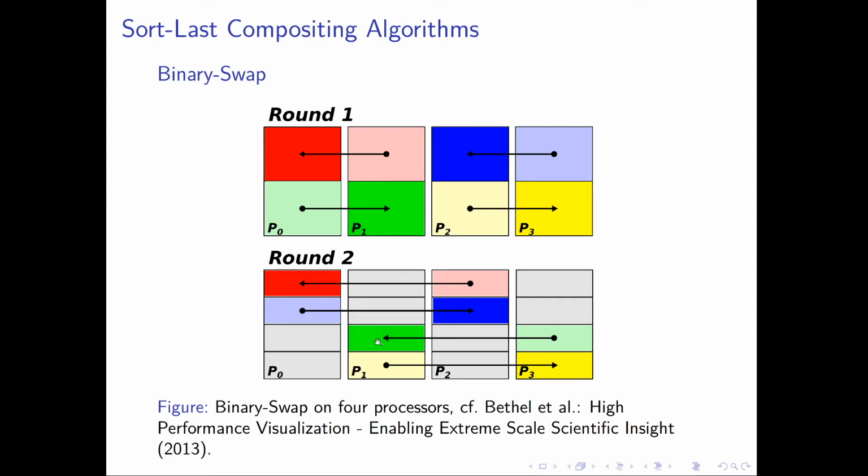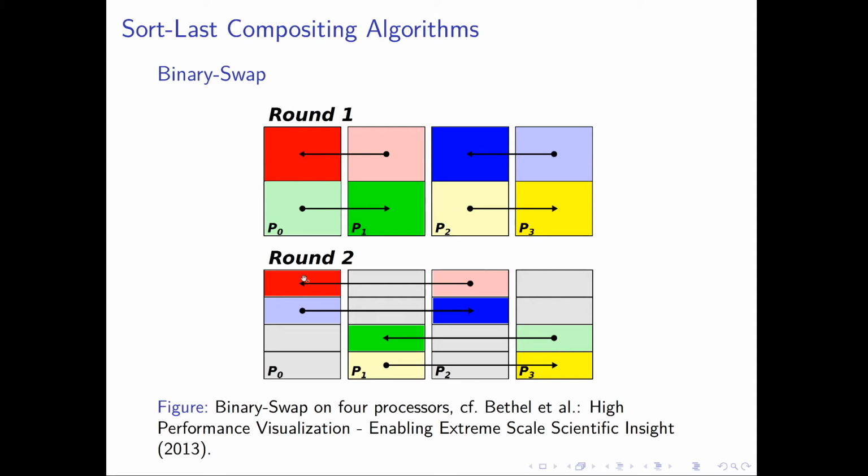We now cut the image region that the 2 processors are responsible for in half. Now the participants in the communication group are responsible for compositing a quarter of the image, not a half like in the first round.